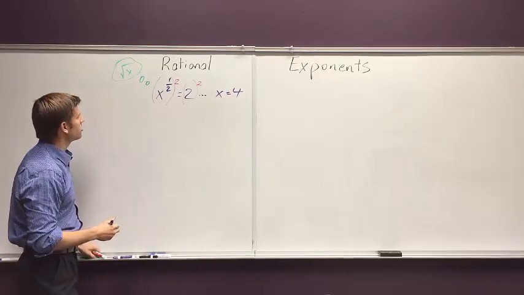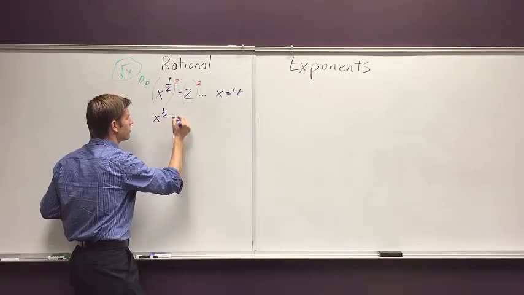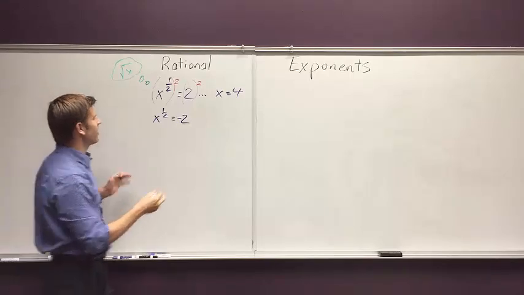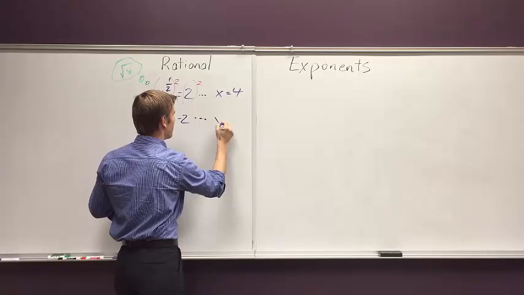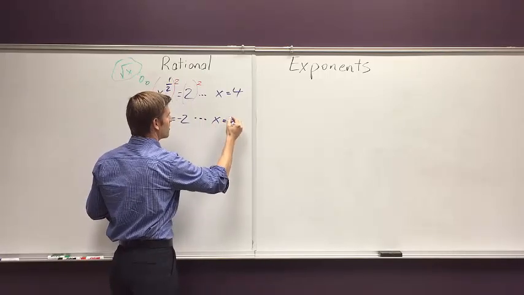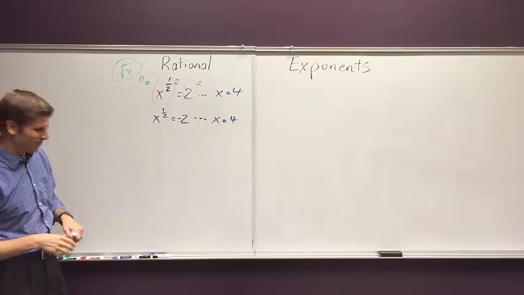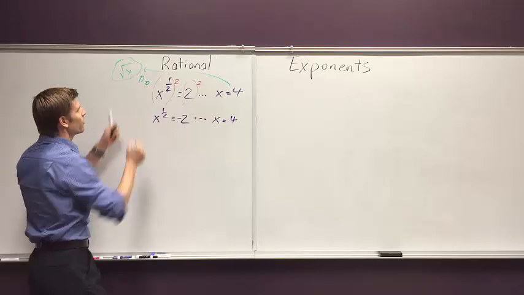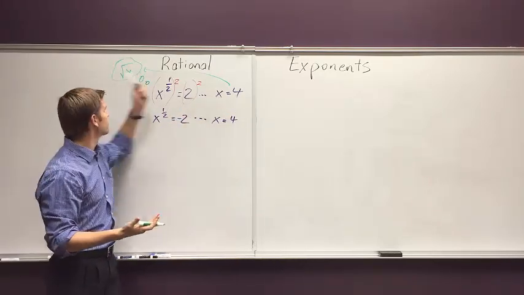Now, some caution there, okay? Because what if you had x to the 1/2 equals -2? Well, you might say, I know how to square -2. X equals 4. Well, if you put this to the test, if you put this back into here, you'd say, hey, the square root of 4 is 2.